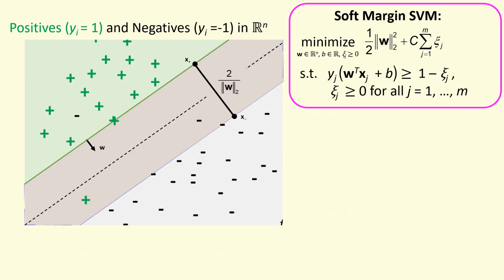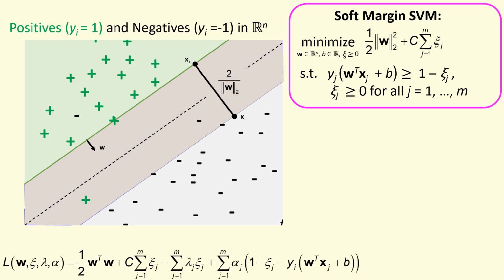So here's our soft margin support vector machine from our previous video. And here is the Lagrangian. So the Lagrangian means that we take the constraints and we add these dual variables, the lambda and also the alphas, to go with our constraints.